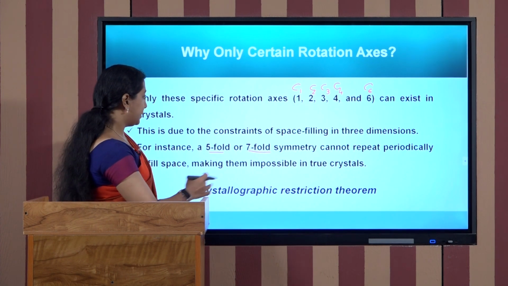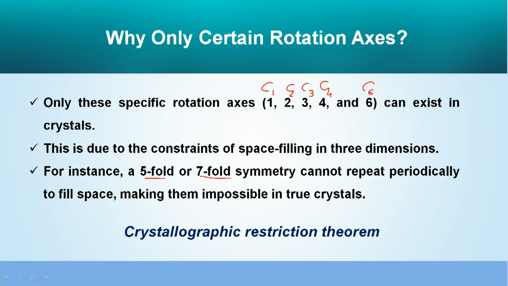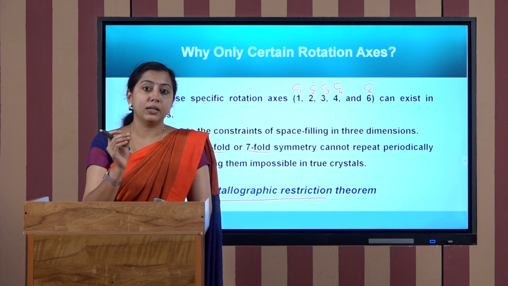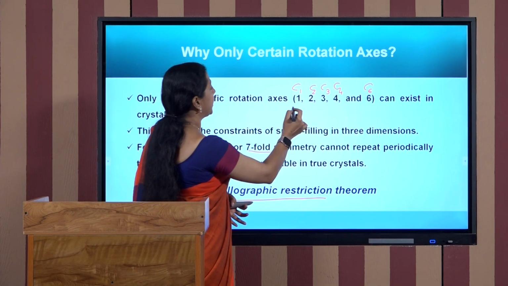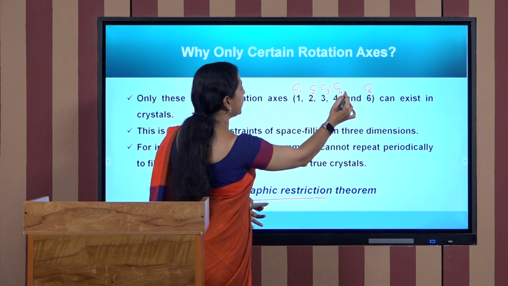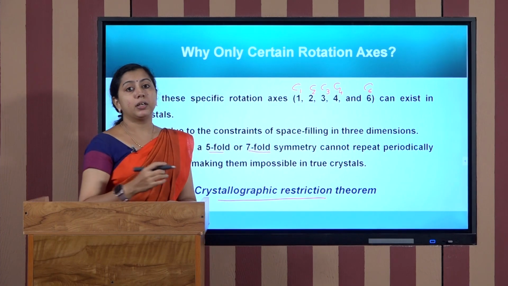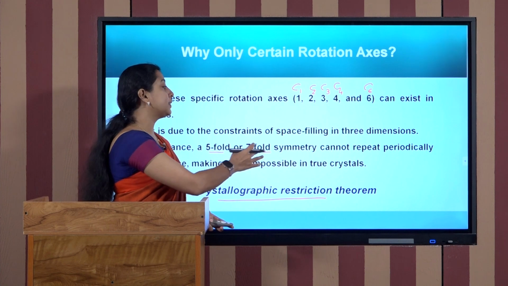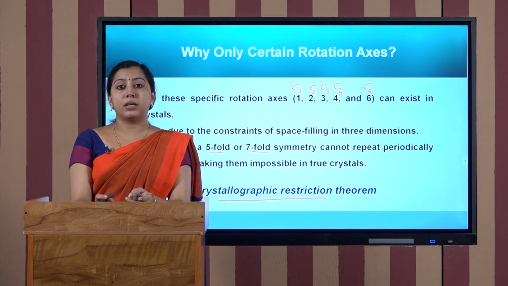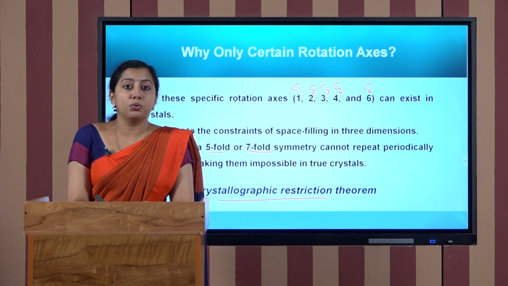And this inability to repeat periodically to fill space is referred to as the crystallographic restriction theorem. So, due to the constraints of space filling in 3 dimensions, only the above said rotation axes, namely C1, C2, C3, C4 and C6, are normally possible in true crystals, while a 5-fold or 7-fold rotation axis of symmetry is generally not observed in true crystals.